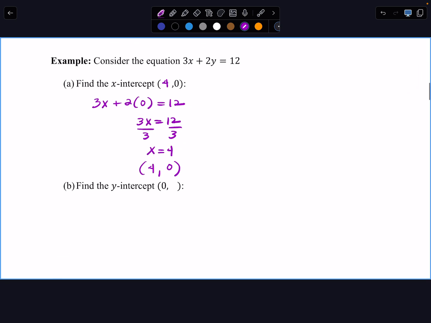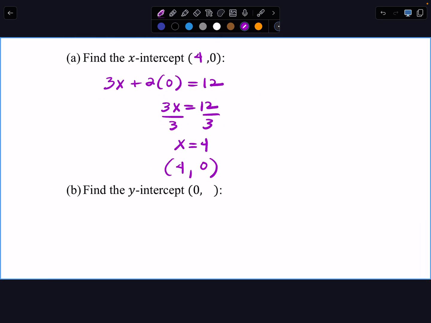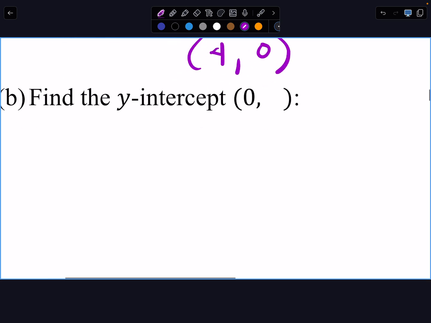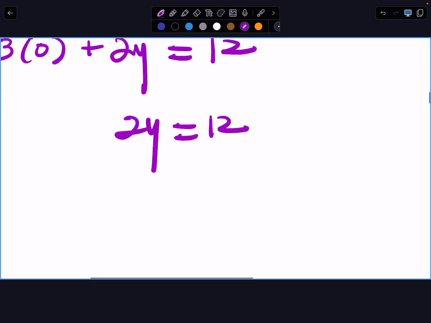Okay, the y-intercept will be (0, something). So we can think about plugging 0 in for x. And then when we finish isolating y, we would think about dividing by 2.